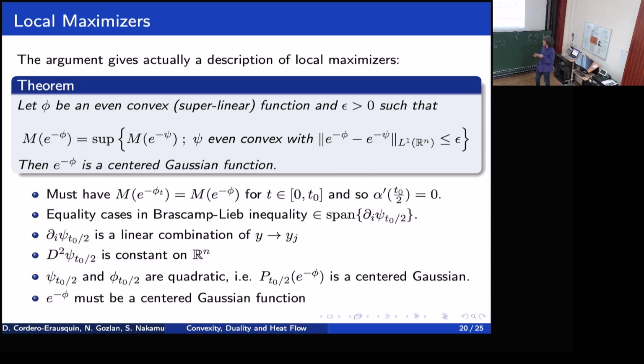It's a local extremizer. So in particular, you have that the derivative is zero. Here I'm not taking the derivative at 0 because I'm not making any smoothness assumption at 0. But of course, as soon as you evolve, you're infinitely smooth. So I'm taking, say, the derivative at some time is 0. Now, it's easy to describe all equality cases in the Blaschke-Santalo inequality.